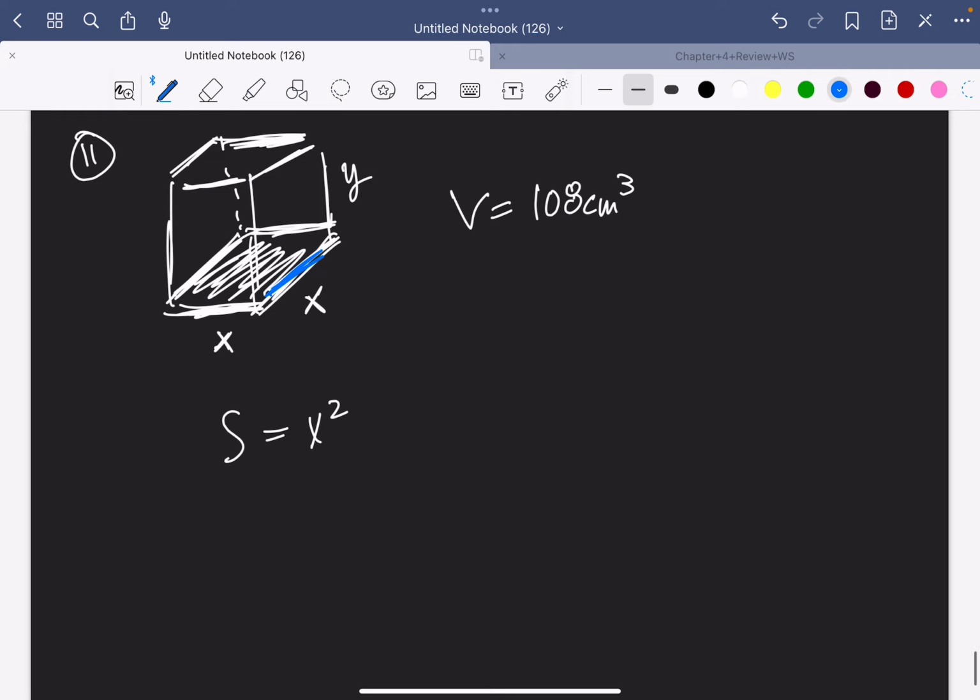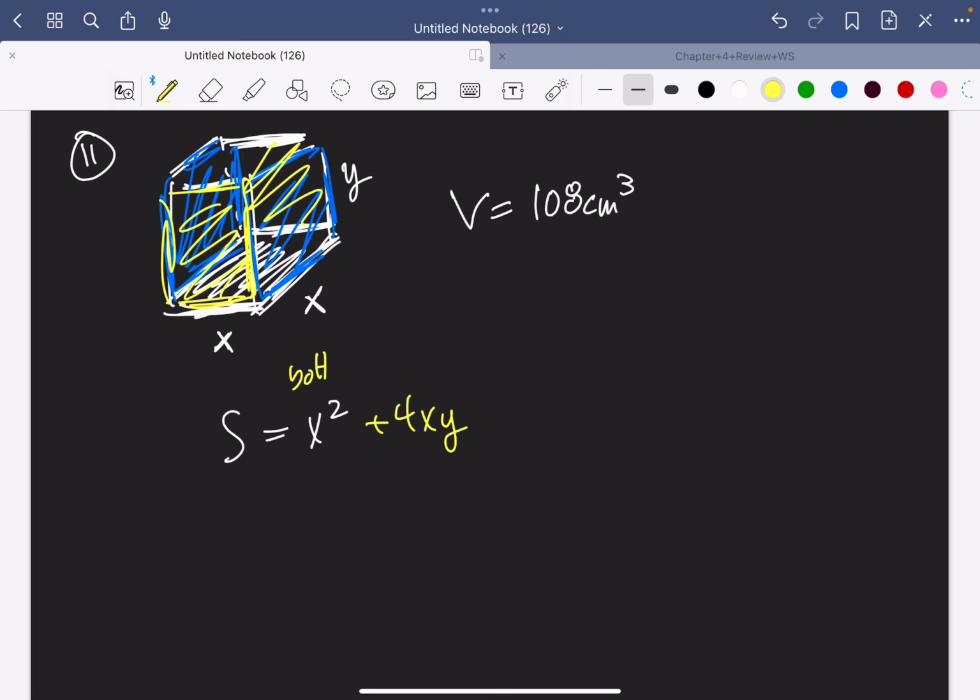This side on the right is xy, the left is xy, the front is xy, and same thing for the back. So we're going to have 4xy, plus 4xy. This is the bottom, and that's the sides.